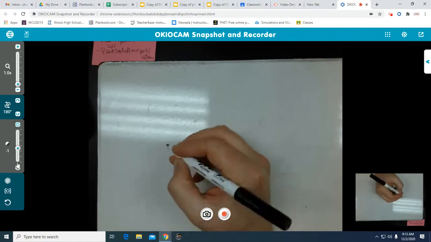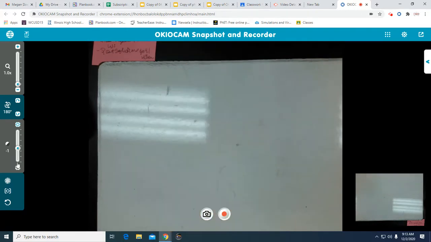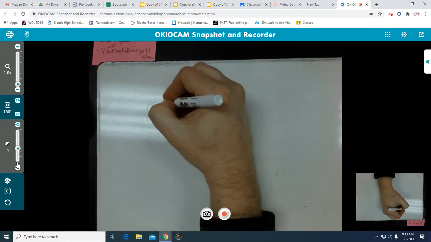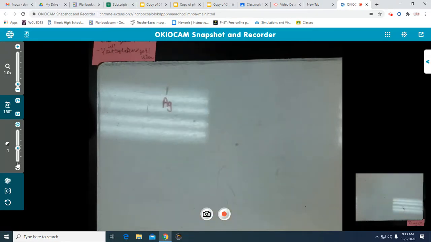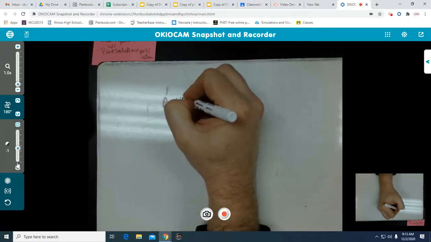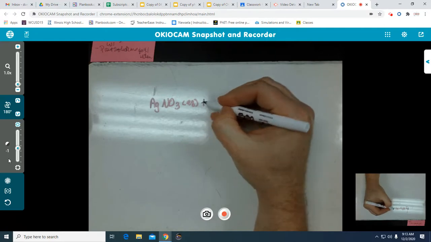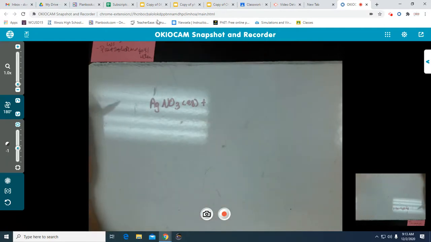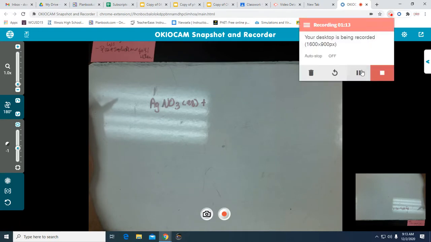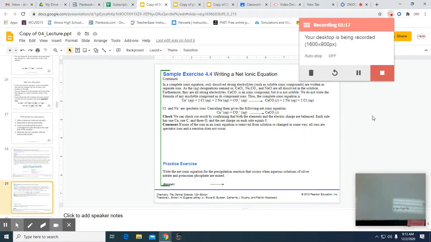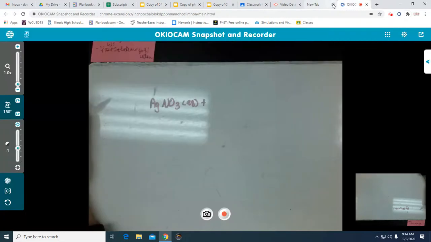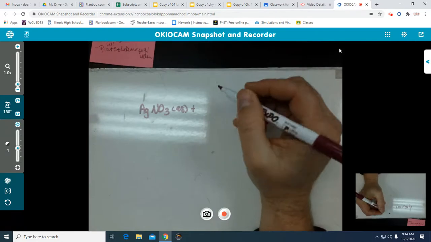So we have silver nitrate, aqueous, plus potassium phosphate.